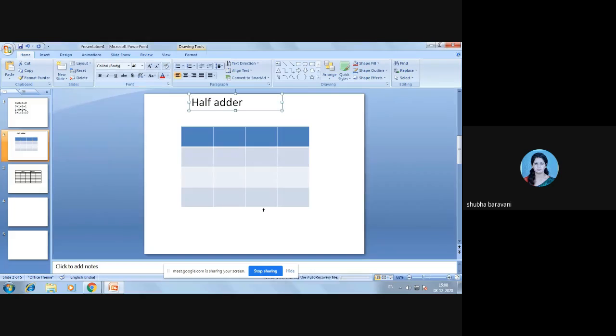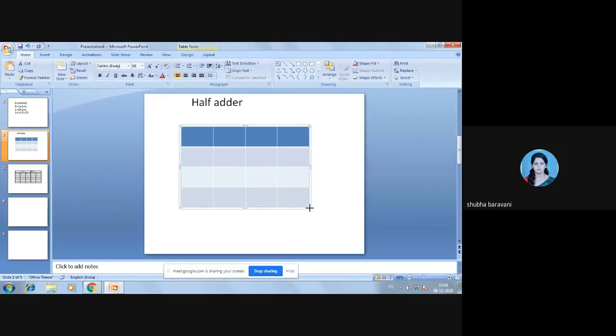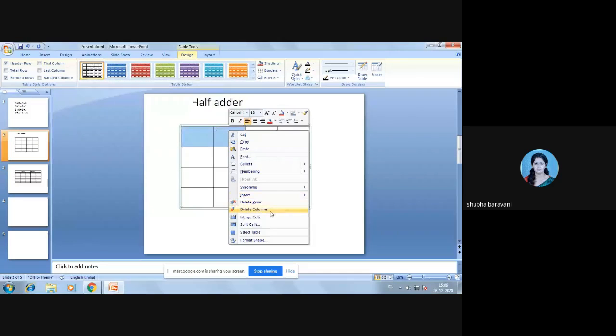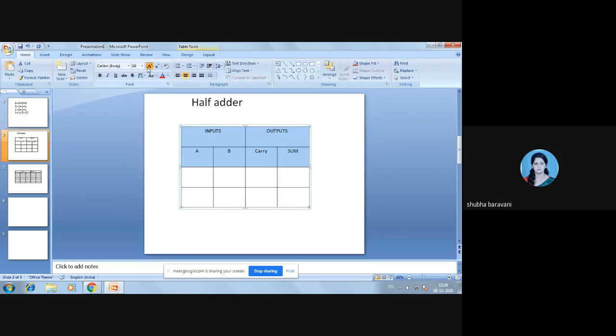A half adder is a circuit which has 2 inputs, A and B, and it will have 2 outputs, which are carry and sum. Up till here, was it understood?